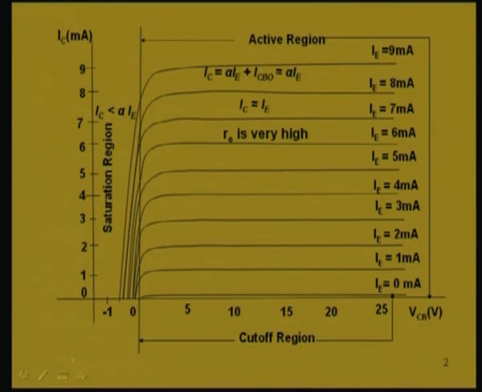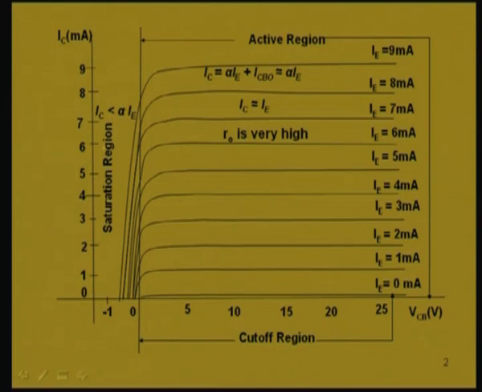These characteristic curves show that we have no change in the collector current even if we change VCB. Of course, we should not increase the VCB in the reverse bias condition to too high a value, because then breakdown will occur. Within the safe limit of operation, the collector current is almost constant, equal to IE.